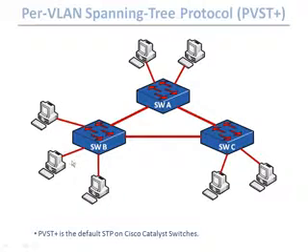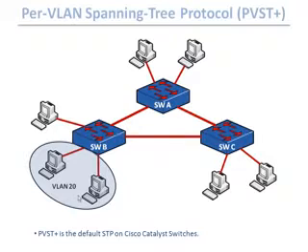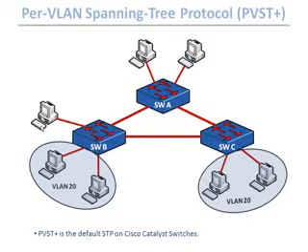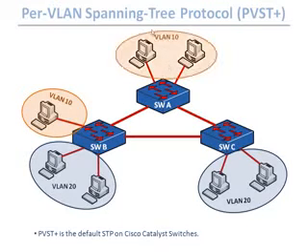Okay, but now let's get back to the previous lecture that we did about VLANs and trunks. Now imagine that those two hosts right here are in VLAN 20, as well as those two hosts. Then this host and those two hosts are in VLAN 10. Now, if we want to make the trunk between switch A and switch B able to carry traffic for only VLAN 10, the trunk between switch B and switch C able to carry traffic only for VLAN 20, and the trunk between switch C and switch A able to carry traffic for those two VLANs.